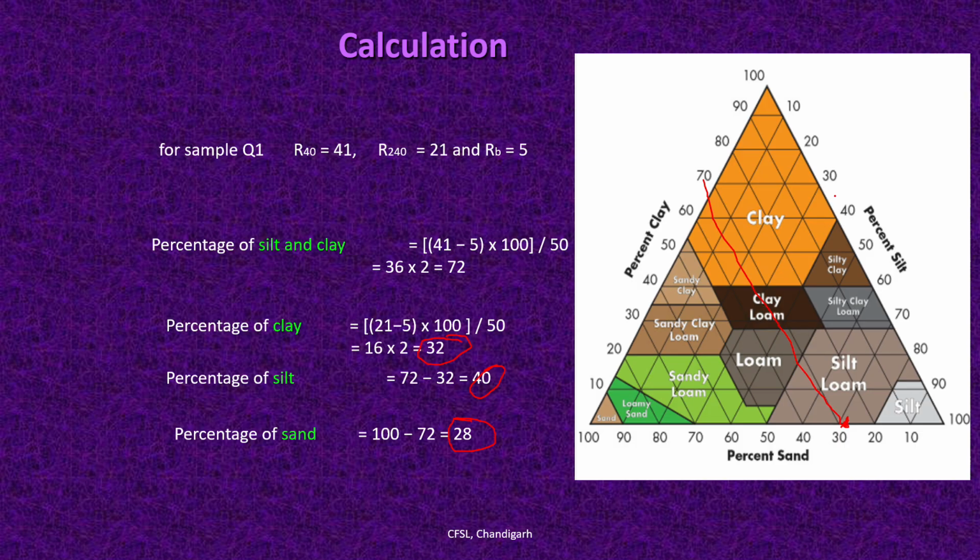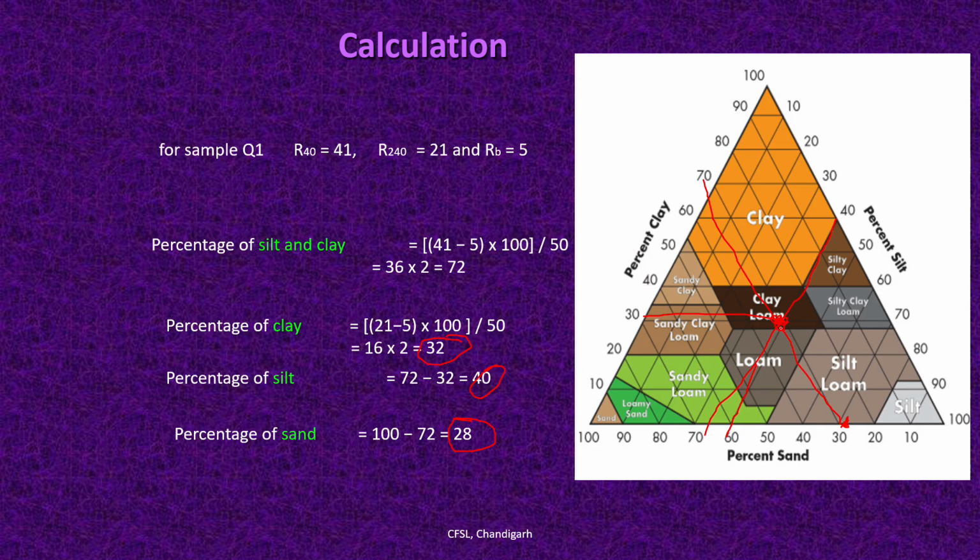Silt is about 40, so you follow this line. Clay is 32, just above 30. So this point comes in this region, clay loam. So the nature of the soil in this sample is clay loam.